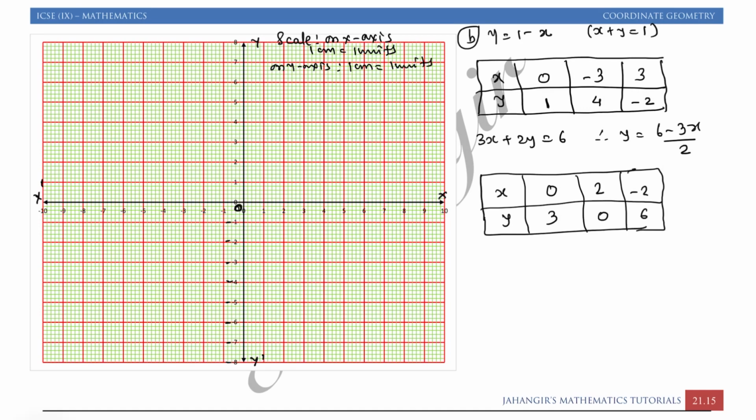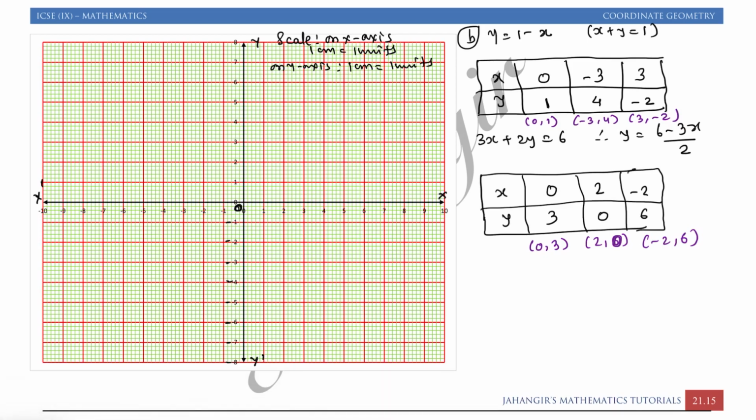Now plotting our first point. First point is 0, 1. Second coordinate is minus 3, 4, and third coordinate is 3, minus 2 in the first table. Second table we have 0, 3, then 2, 0, then minus 2, 6. We have 3 points.